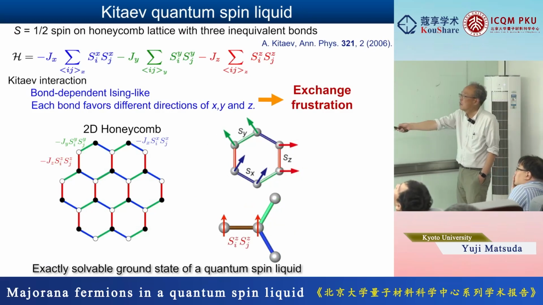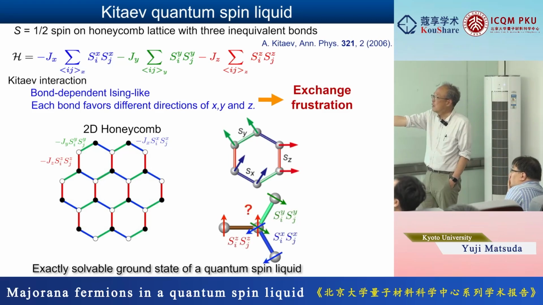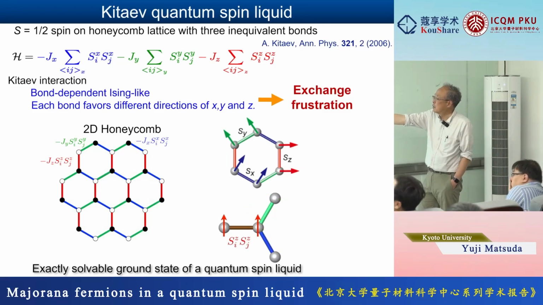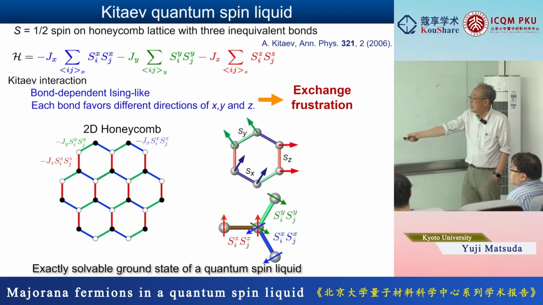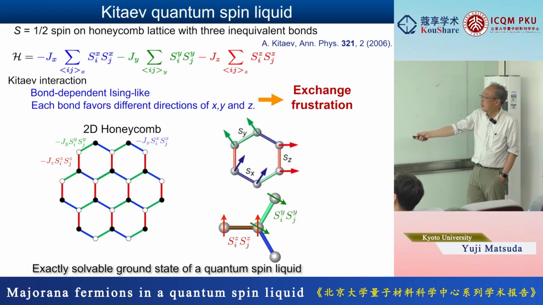The Kitaev model describes spin 1/2 on a honeycomb lattice with 3 equivalent bonds. The Hamiltonian is given by these equations, and as shown in this figure, the Kitaev interaction is bond-dependent and Ising-like. Each bond favors a different direction, x, y and z, like this.